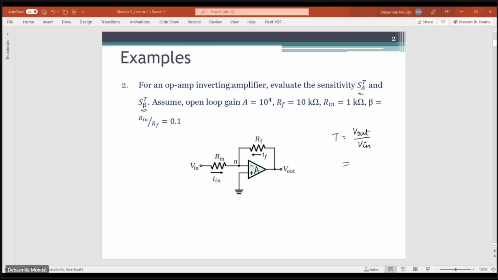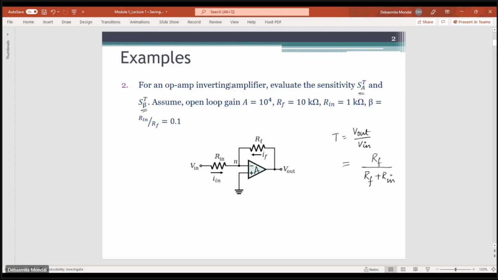I got V out by V in to be RF by RF plus R in.